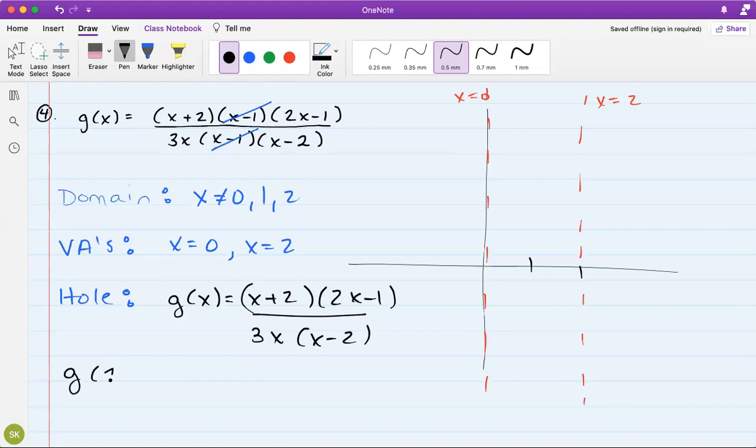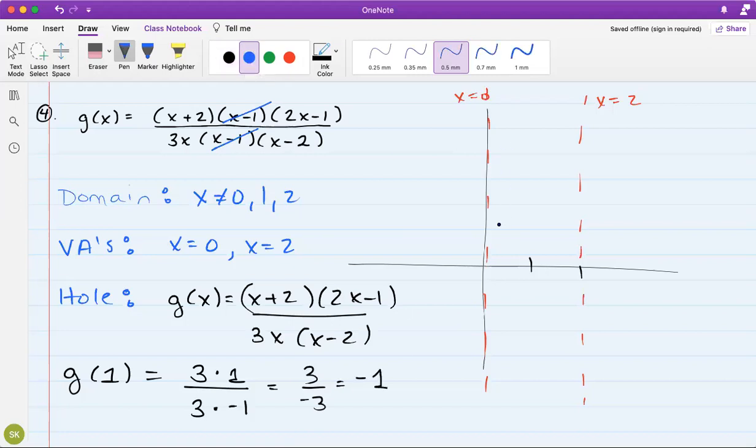So if you plug that into the function, you can't plug it into this one because you'll get 0 in the denominator. But if you plug it into this one, you'll get 3 times 1 over, plug in 1 here, you get 3 times 1 minus 2, that's a negative 1. So it looks like we get 3 over negative 3, which is negative 1.